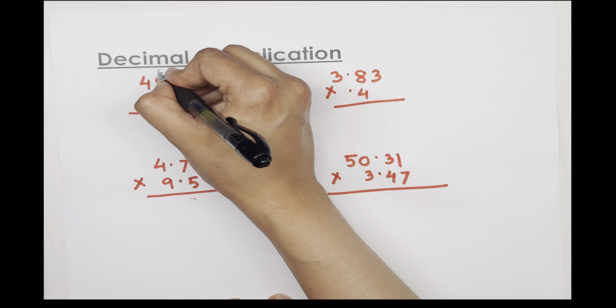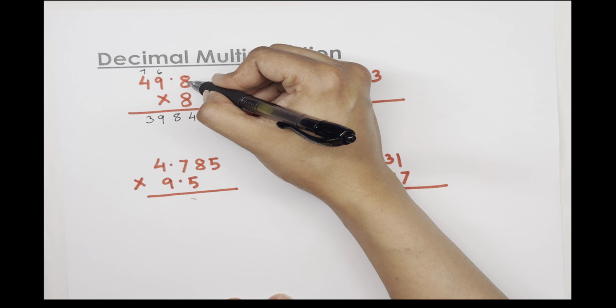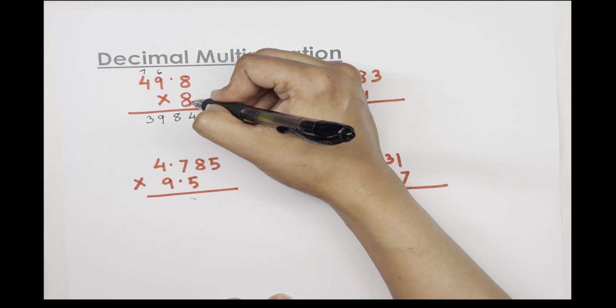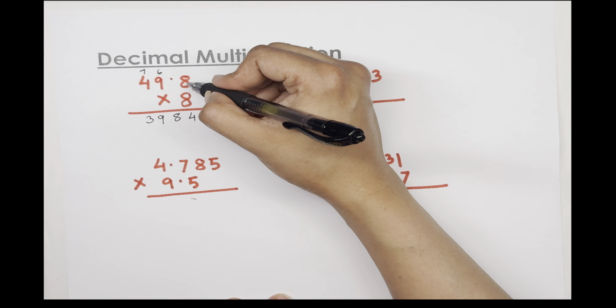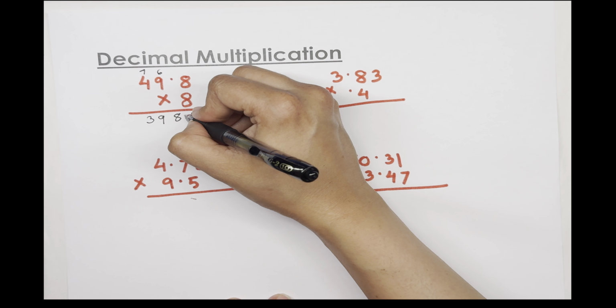Now look at that. How many digits are there after the decimal? Here just one digit, which is 8, and here is 8 as a whole number. So because one digit is there after the decimal, you have to put the decimal after one digit from the right hand side. I'm explaining again.